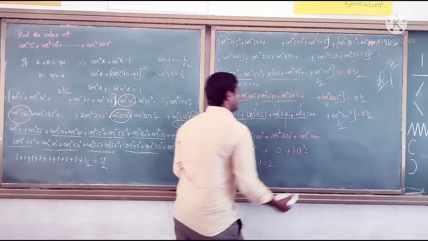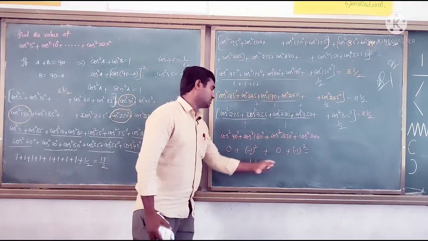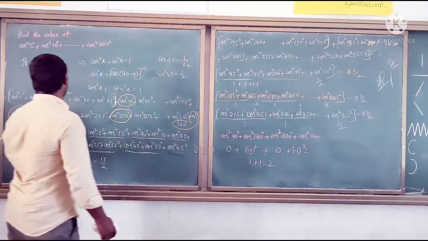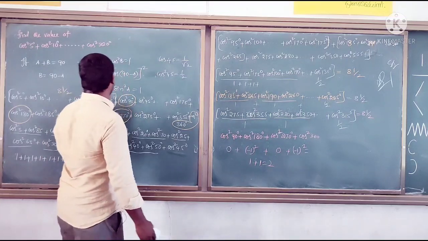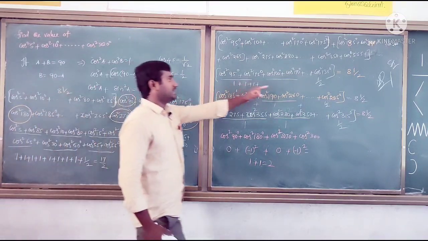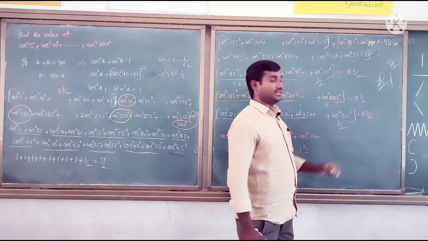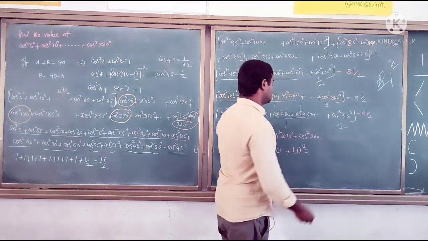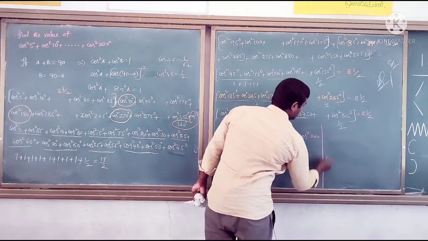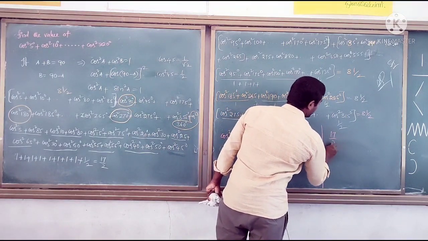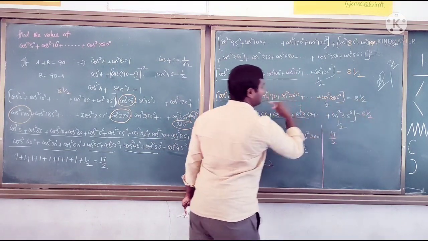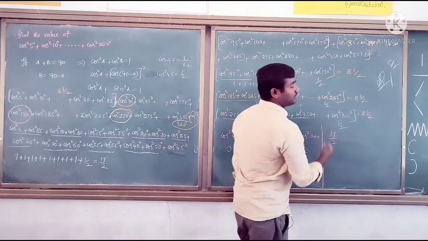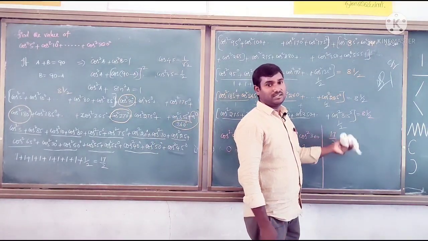So we have the special terms. The sum of the special terms, how much did we get? 2. And the remaining in the series: this is 8.5, this is 8.5, this is 8.5, 8.5. So 8.5 is nothing but 17 by 2. So the total sum is equal to 17 by 2 into 4, since we have four 8.5s: 8.5 plus 8.5 plus 8.5 plus 8.5.